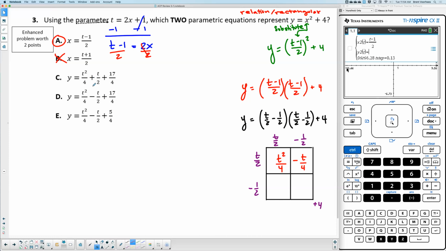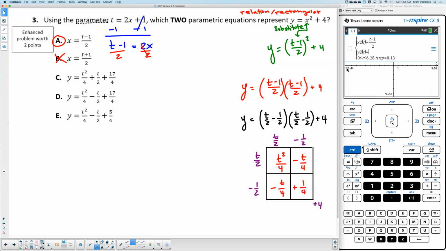I could check for this, but that wouldn't be right anyway. Now over here, because I kind of know what's going to happen, I have another -1/2 times t over 2. So -1 times t is another negative t, and 2 times 2 is another 4. Those are going to be combining together, the like terms. And then finally, a -1/2 times a -1/2 is going to become positive 1/4. Very good.